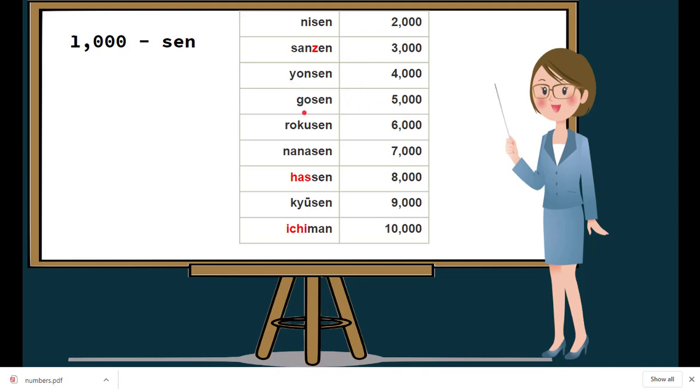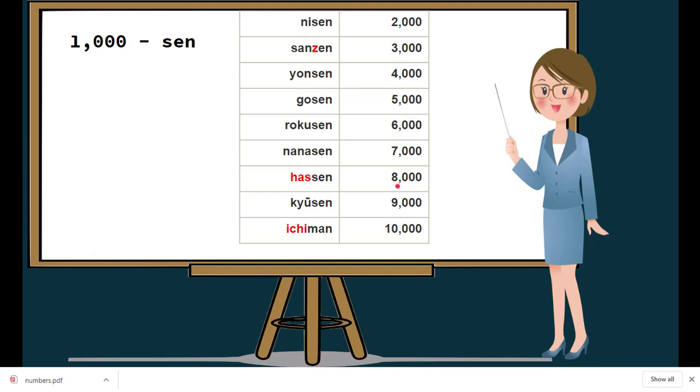5000 is gosen. 6000 is rokusen. 7000 is nanasen. 8000 is hassen. Take note again that there is a change of 8 instead of hachi.